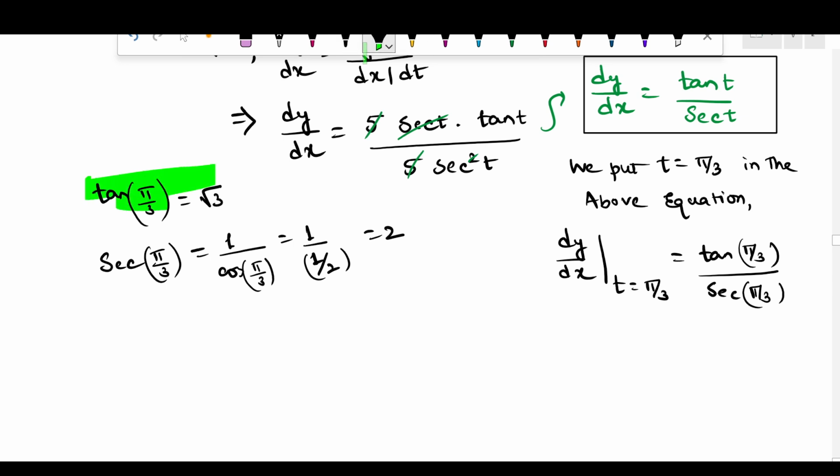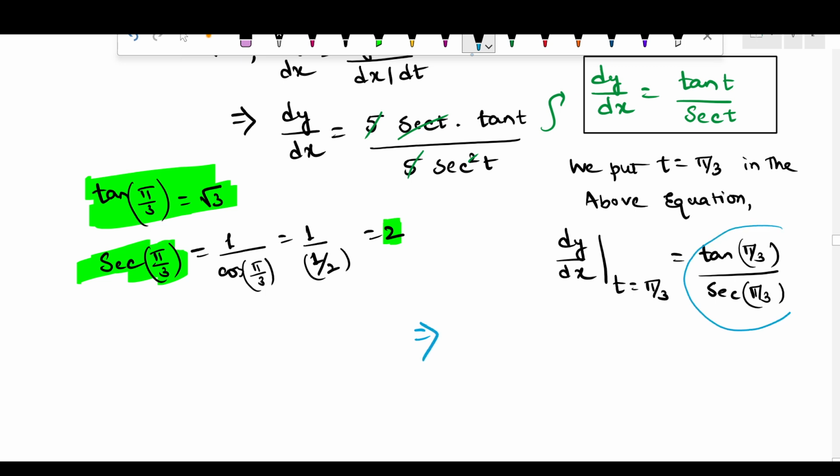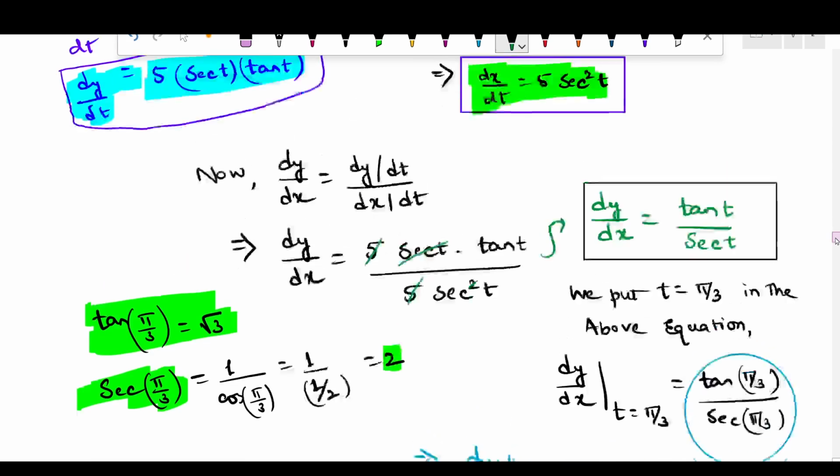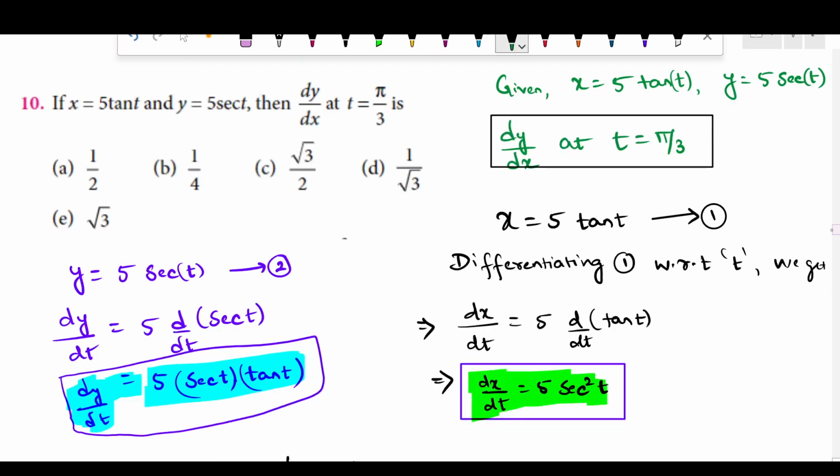So tan pi by 3 is equal to root 3 and secant pi by 3 is equal to 2. So we place these values over here. So we get dy by dx at the point t equals pi by 3 equals root 3 by 2. Let's check the option. This is option number C.